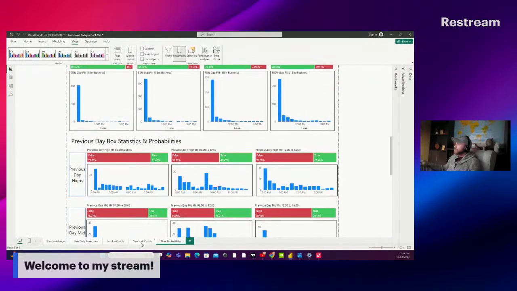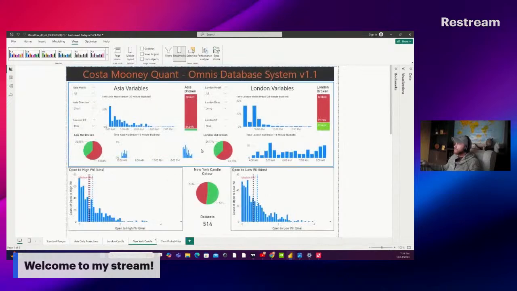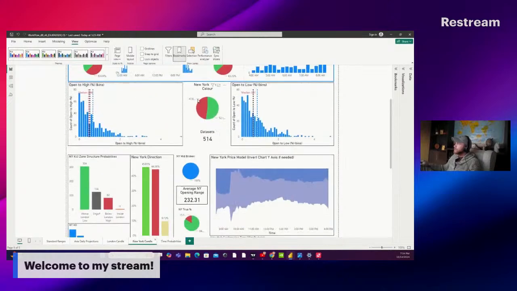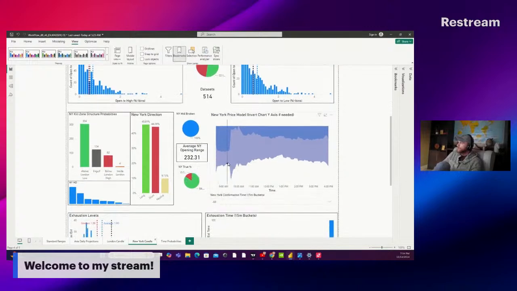We're going to go to our New York candle tab and say New York true versus New York false. If New York true is true, we can see that we're going to move up from 9:30 to 10:30, and then stay in somewhat of a range day. So we come up slowly, and then we start pulling back.